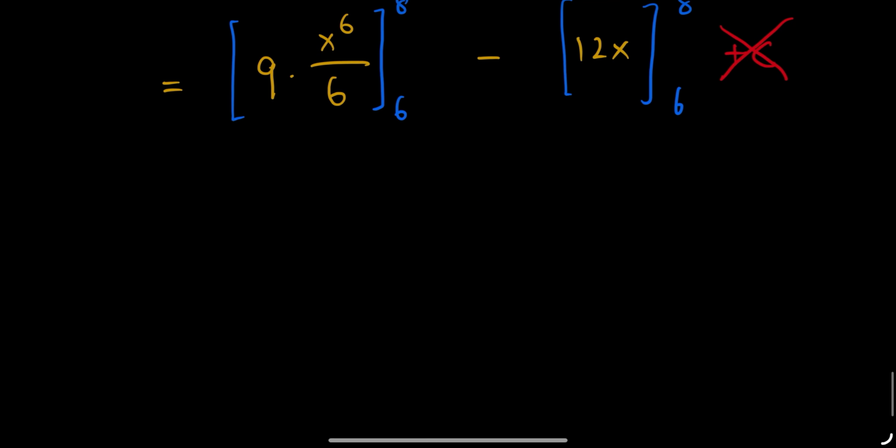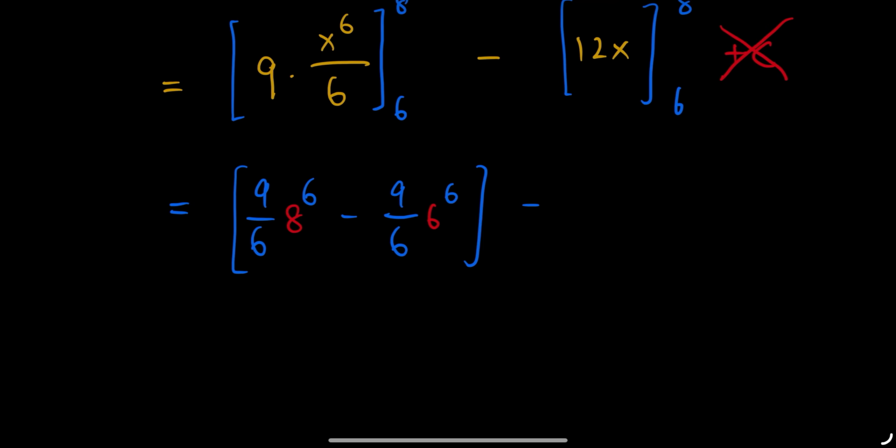So now let's solve it. We get this. We know that it's 9 over 6. So here we sub in 8. I'm just going to change the color of the ones that I'm subbing in. 8 to the 6, okay, minus 9 over 6. I'm subbing in 6 this time.